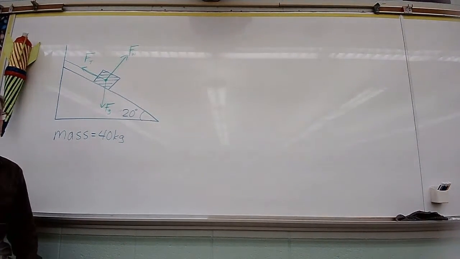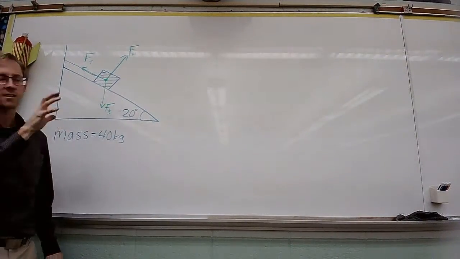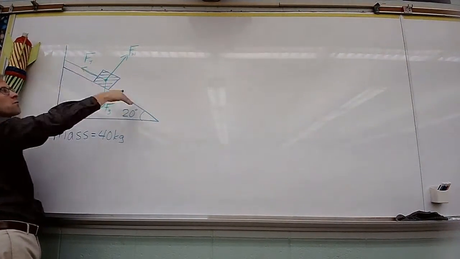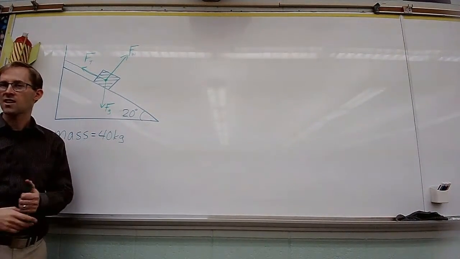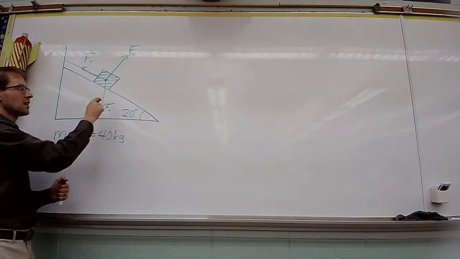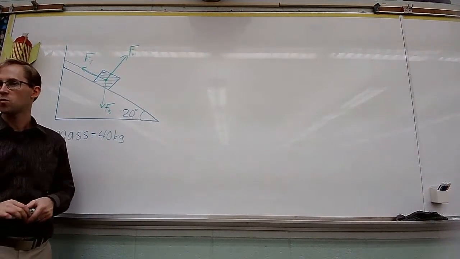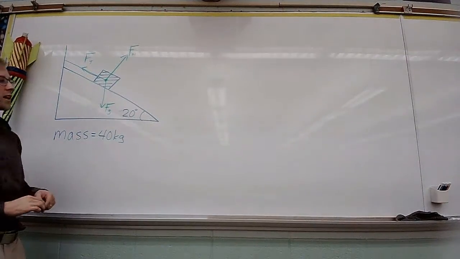But for this example, it's actually easier for us if we rotate those two axes slightly in such a way that the normal force lines up with one and the tension force lines up with the other. Because then the only force that isn't lined up with one of those two axes is gravity. And that's the only one we have to go through those weirdo angles with in order to solve. So that's what we're going to do.